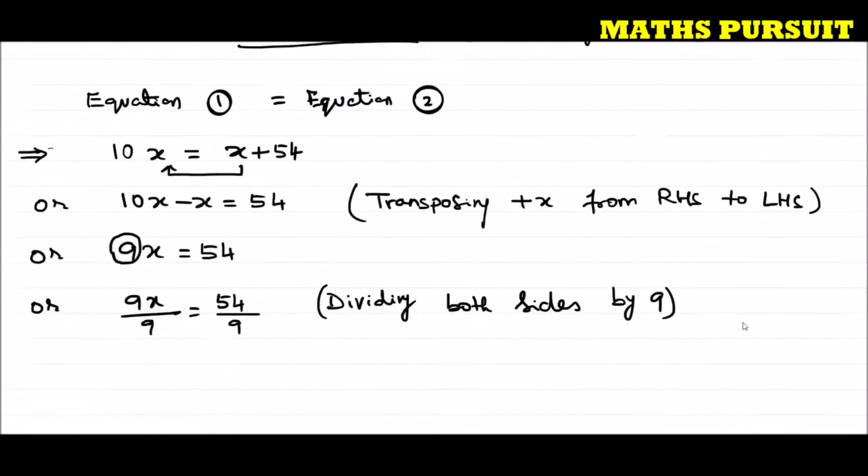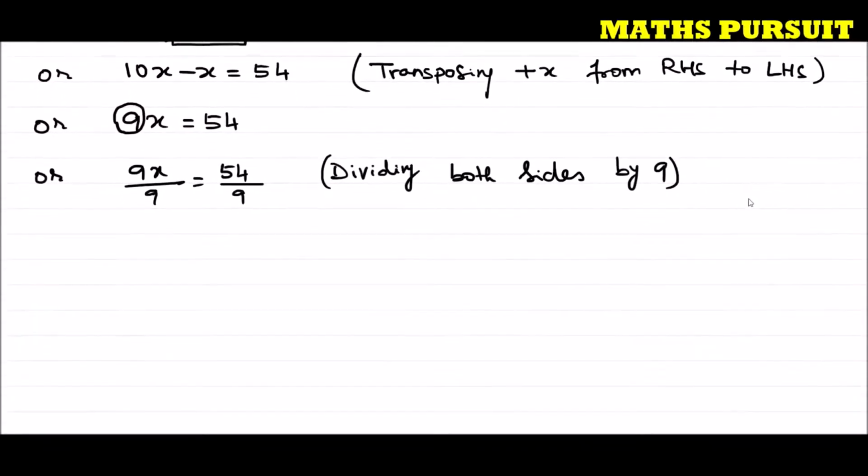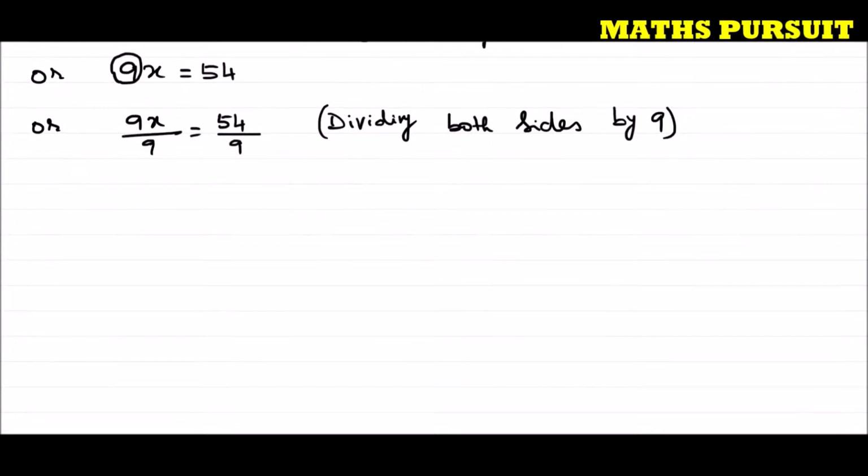If I am dividing something on the left side of the equation, I should also divide the same thing on the right side of the equation. Or I can write x is equal to 54 by 9. 9 sixes are 54. This 9 cancels out. So what we got? We got x is equal to 6.